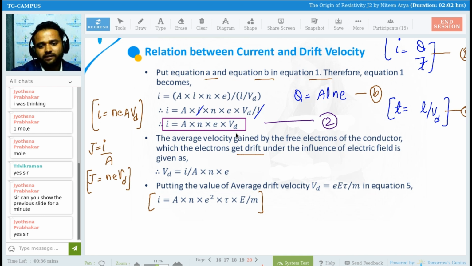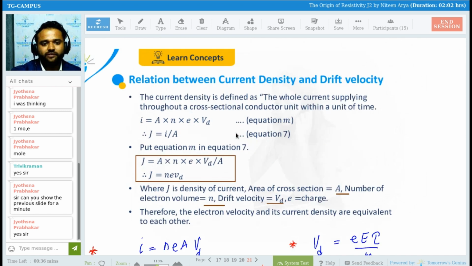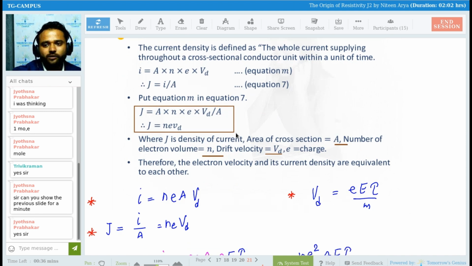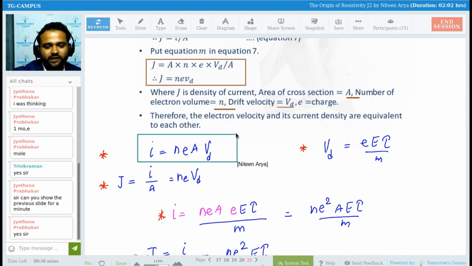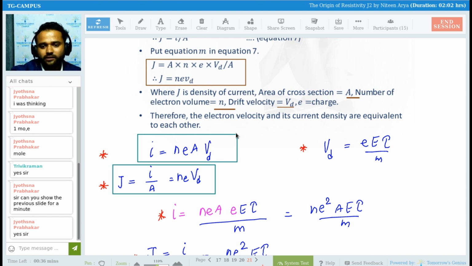So there are n number of equations you can generate, but the concept is easy. Is this clear, everyone? This is all just rearrangement of formulas, nothing more than that. You just need to focus on I equals nevAd, J current density which is I by A, nevd, and Vd, the drift velocity, is this.